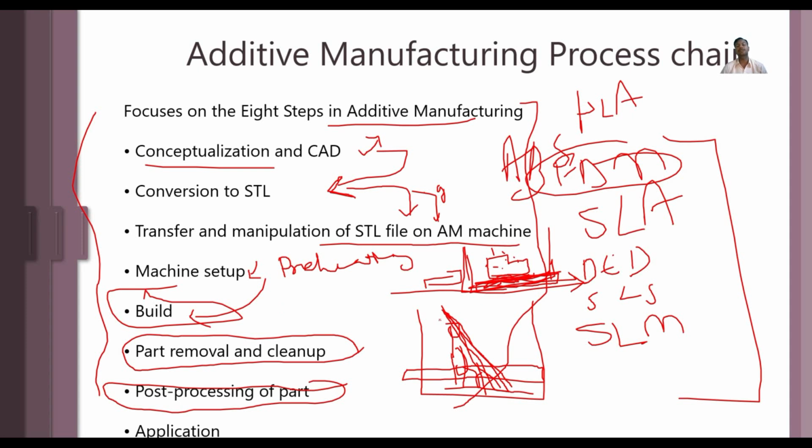Once it is printed, we can clean up the supports, especially for FDM. And after that, we go for some grinding or smoothing operations to attain a good surface finish.